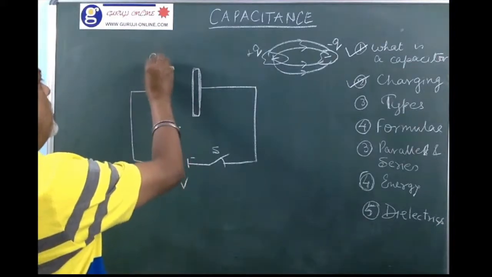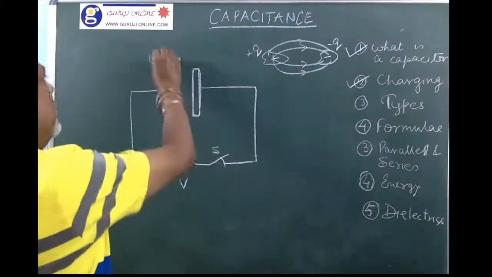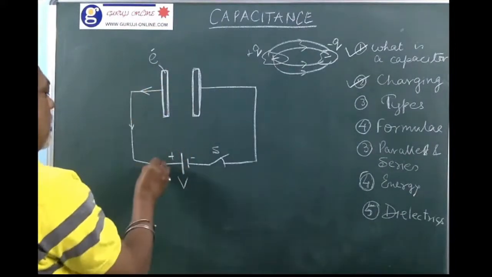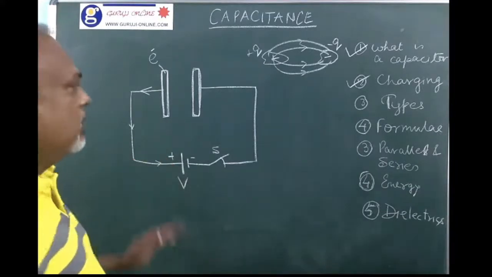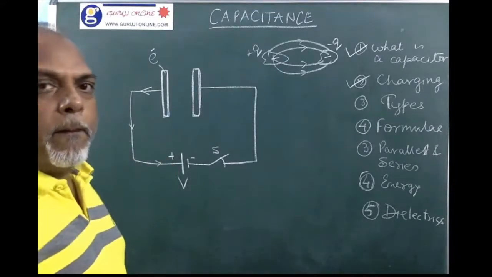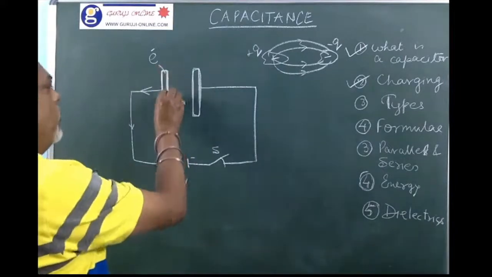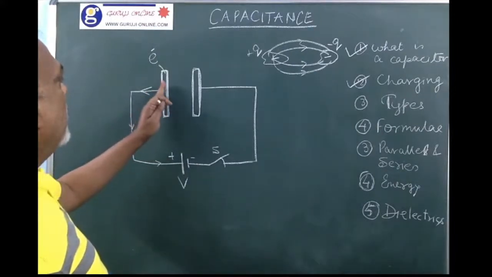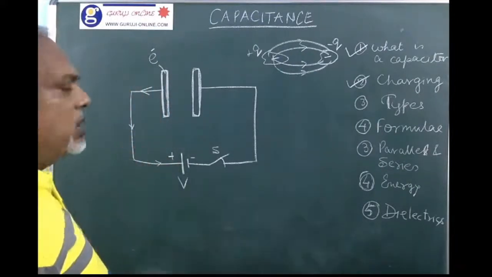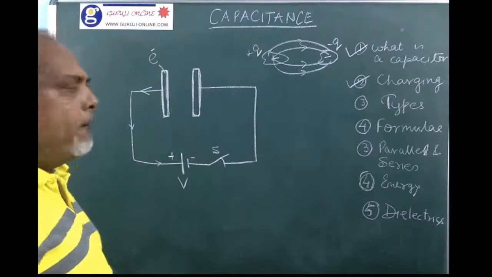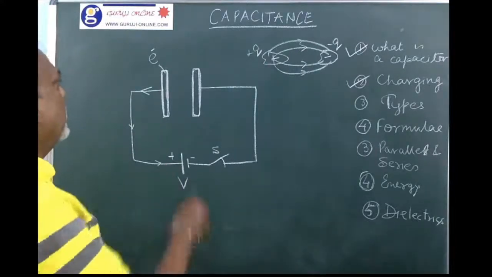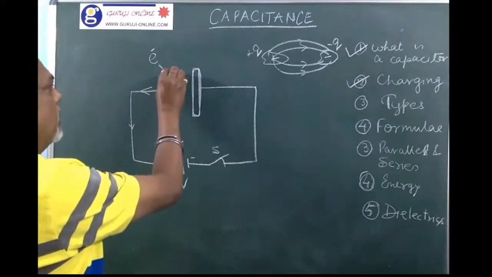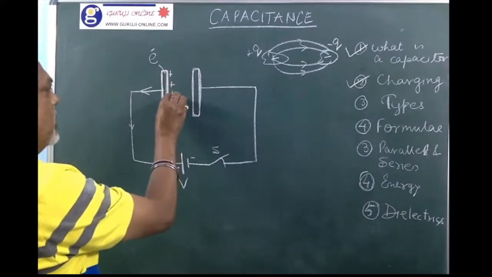The electrons will start flowing to this terminal, because this is a metal and the free conducting electrons are there. Naturally, since electrons have started flowing, this will be positively charged.